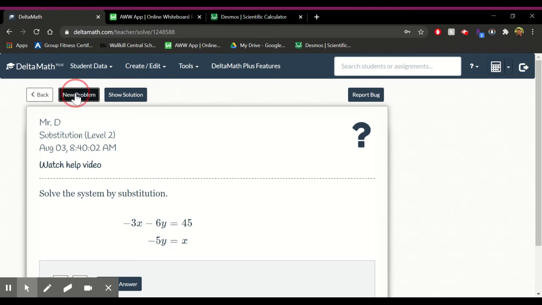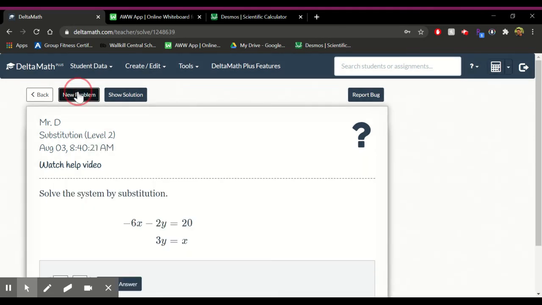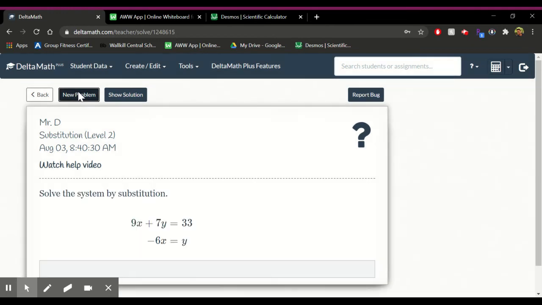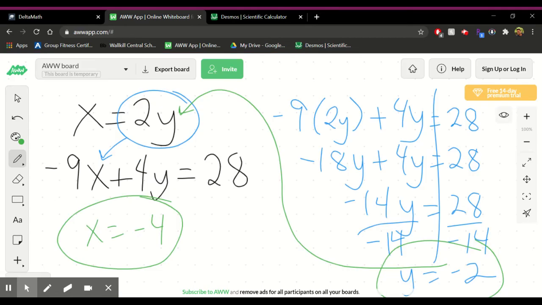Is there any y's that are isolated? That one was. I want to do one with more negatives in it. Here we go. Not enough negatives in that one. There's the one.